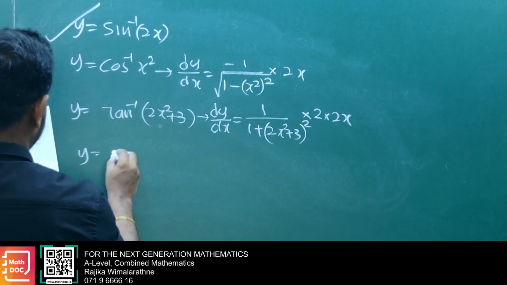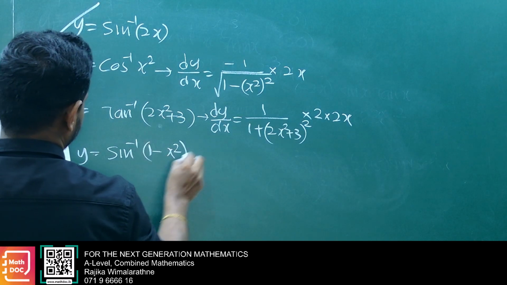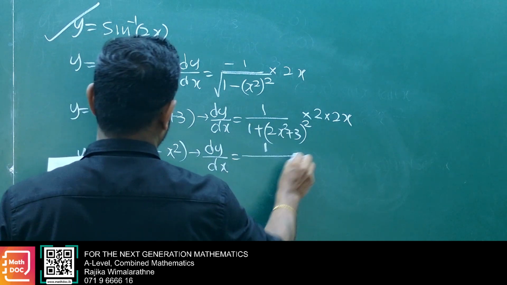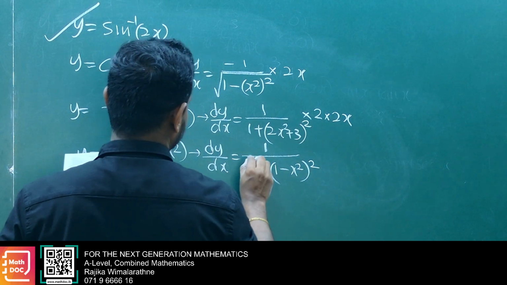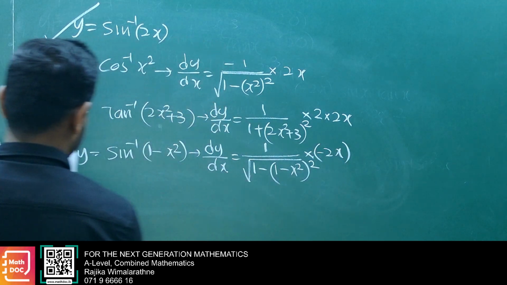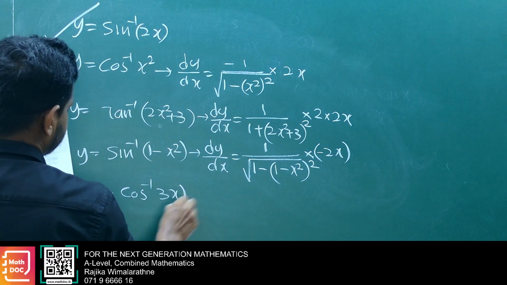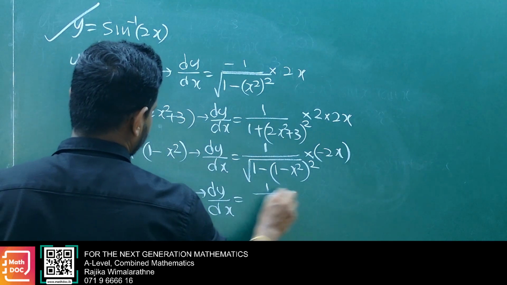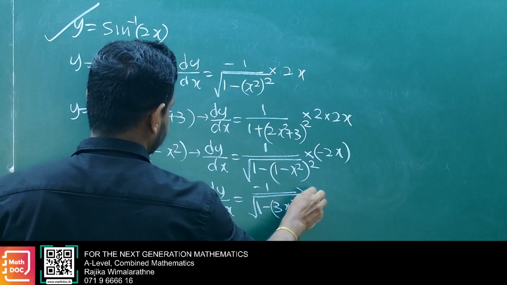Then y equal sin inverse of 1 minus x squared: dy by dx is 1 over root of 1 minus (1 minus x squared) to the power 2, times minus 2x. Cos inverse 3x: dy by dx is minus 1 over root of 1 minus (3x) squared, times 3.